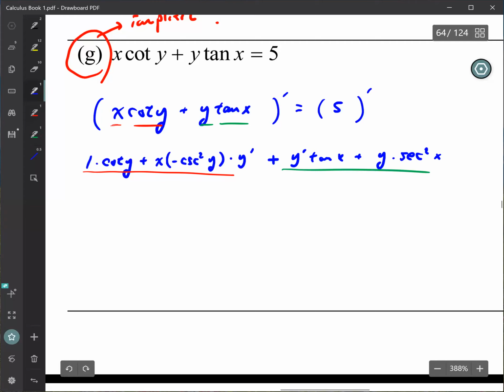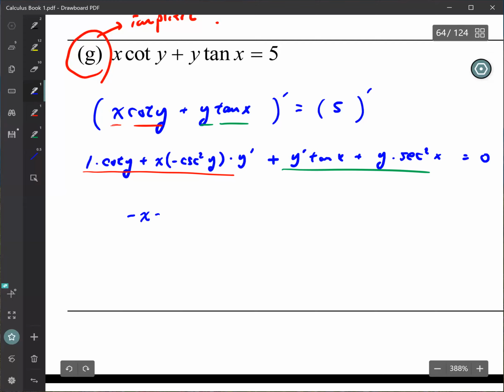And then finally, the right side is equal to 0, right? Because it's constant. Now, all we need to do next is to isolate y prime, right? Our goal is to try to get y prime. The terms that have y prime are the middle two terms. Everything else will go to the right side. Okay, I'm gonna rewrite it.